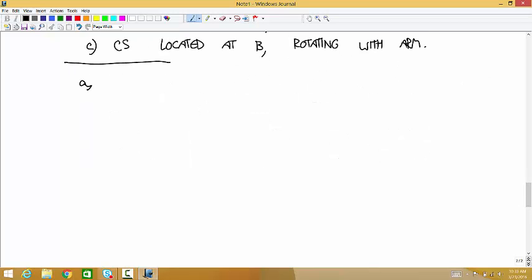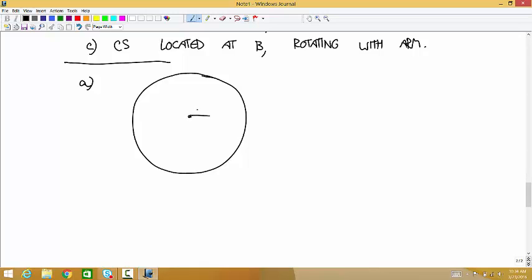Okay, so the first one, this is the warm-up one. We've done these a bunch of times before. So this one you can think of as a circular motion of a particle.